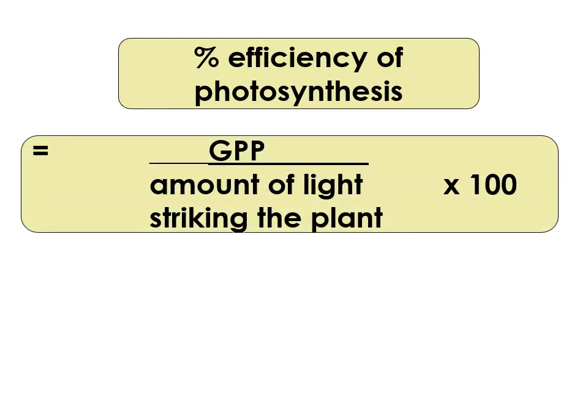So the percentage efficiency of photosynthesis is measured by how much energy is trapped into glucose by photosynthesis, so the gross primary production, divided by the amount of light energy available to the plant, that's striking the plant, times 100. So you might want to make a little note of that in your keynotes, somewhere near that 1 to 3%.